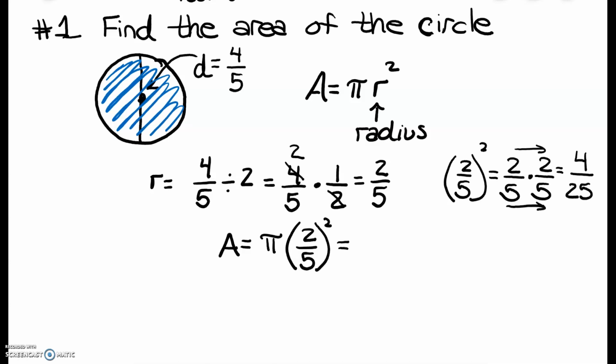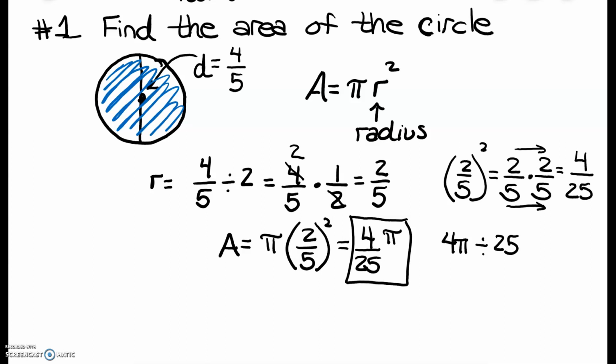So I'm going to just leave this in terms of pi. 2/5 squared is 4/25 pi. If you were going to plug that in your calculator and do a decimal approximation, you would plug in 4 pi divided by 25, and that would give you your decimal approximation. All right, so in terms of pi, that is your answer.